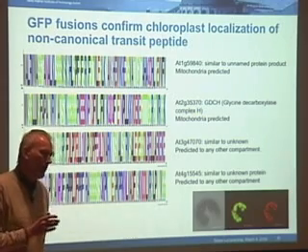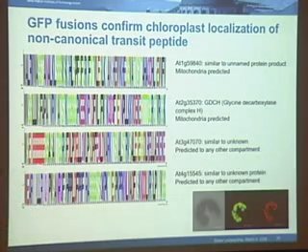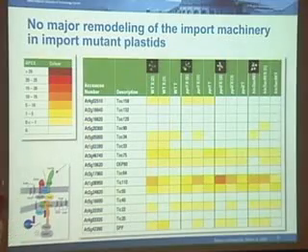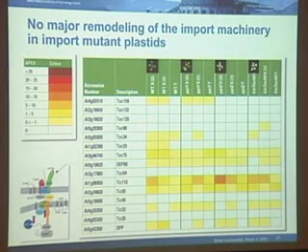Okay? We know we are still missing a number of very low abundant proteins that have been identified in targeted biochemical assays that we don't have yet in our proteomics approach. What was also interesting, when we specifically looked at the import machinery itself in these mutants, I was a little bit surprised, because I would have expected that if you take parts of the import machinery out of this complex, the import machinery would fall apart.